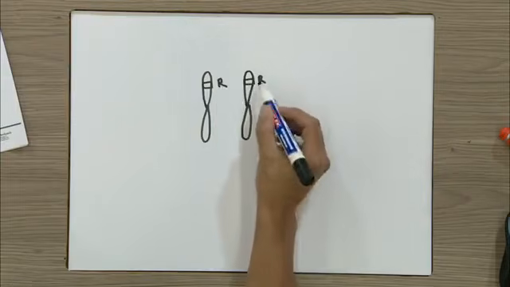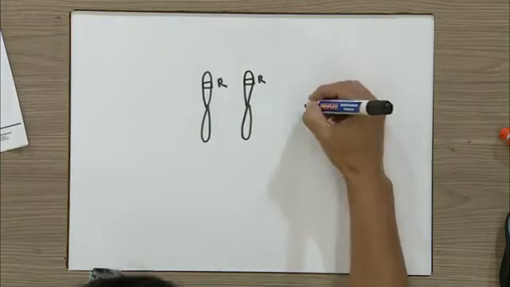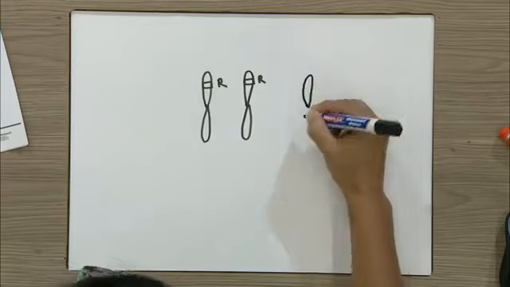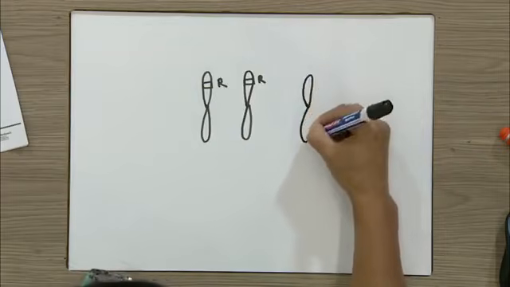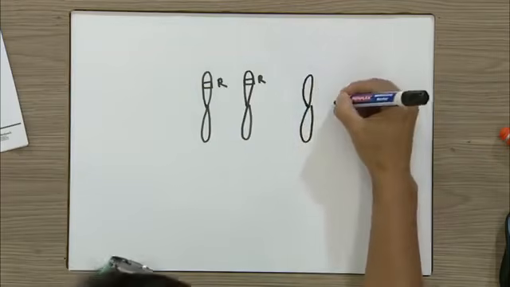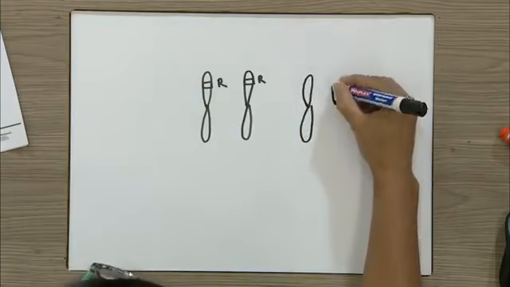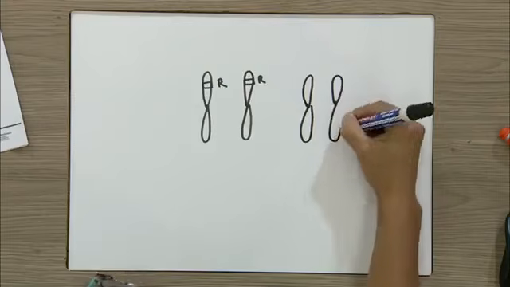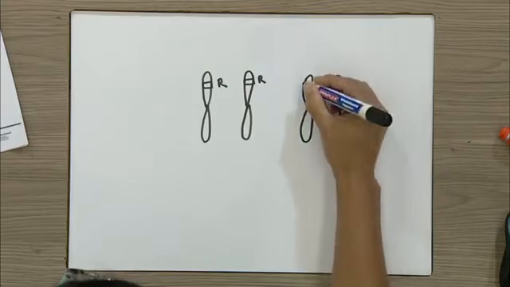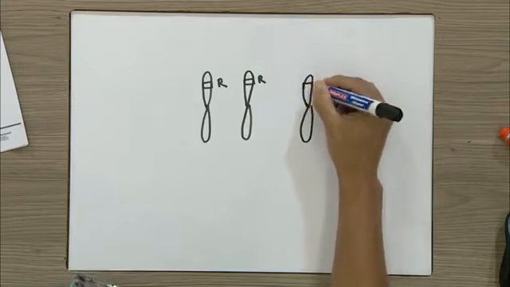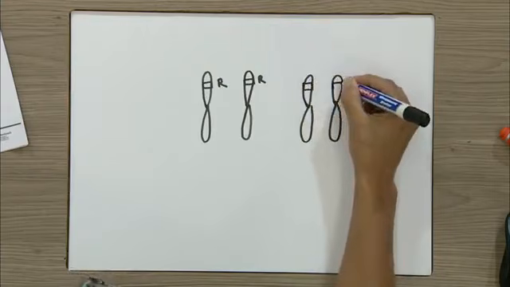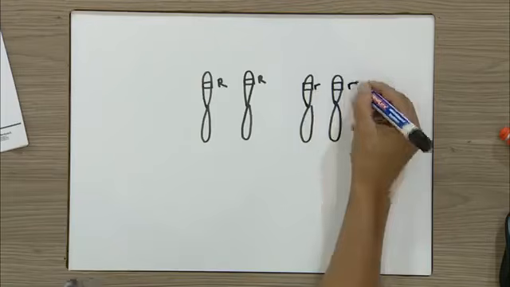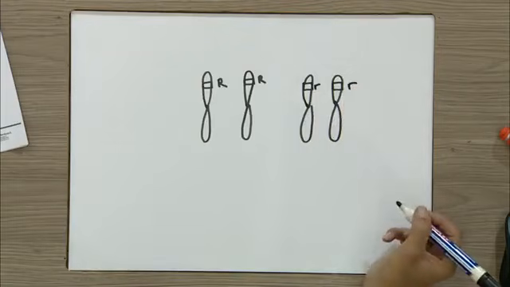We can have it in the dominant condition, or if I redraw the chromosomes and I draw the recessive alleles, remember chromosomes always come in pairs at a specific area which we call the locus. There might be two recessive alleles, which is then the small letter r.